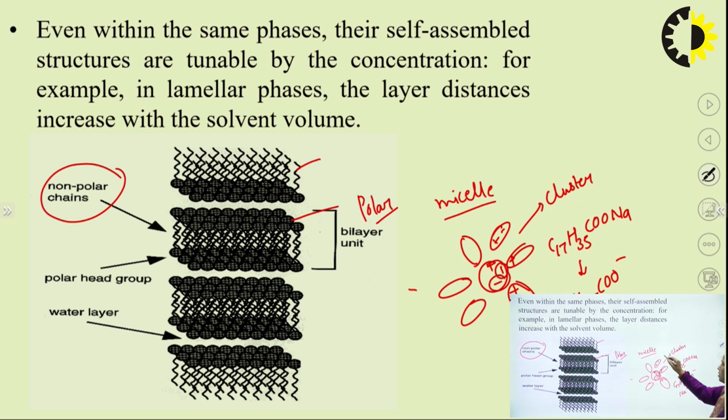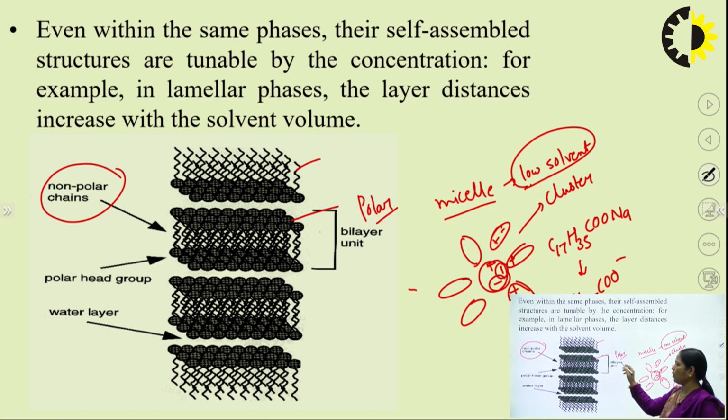This cluster is known as a micelle. When these micelles are clubbed together, because there is a very low concentration of solvent, a structure can be obtained which is known as lyotropic liquid crystal.